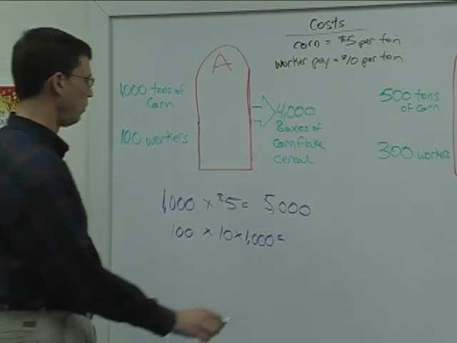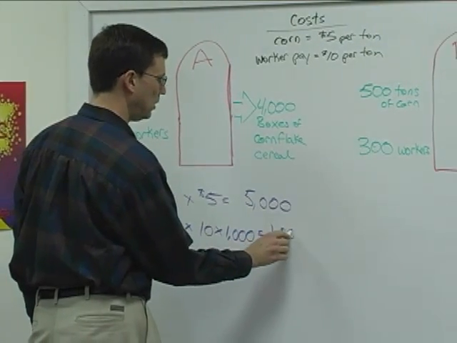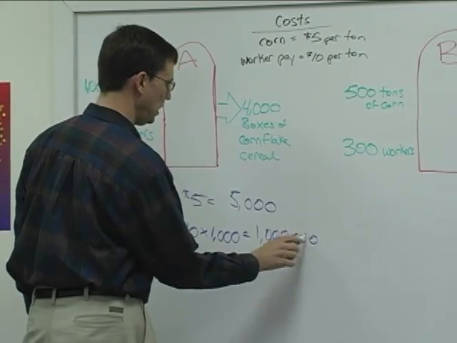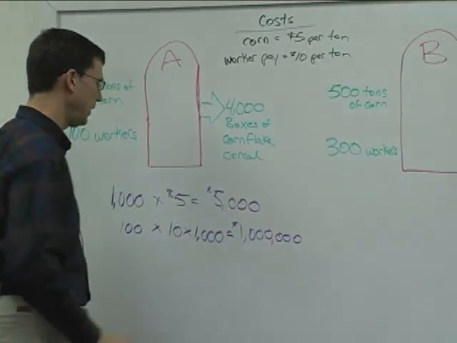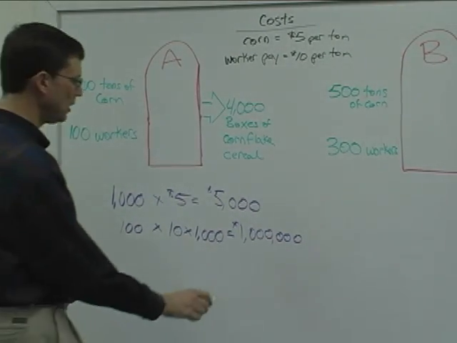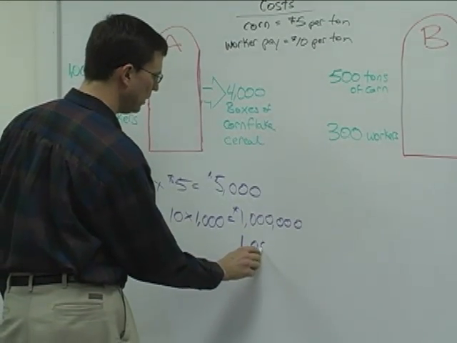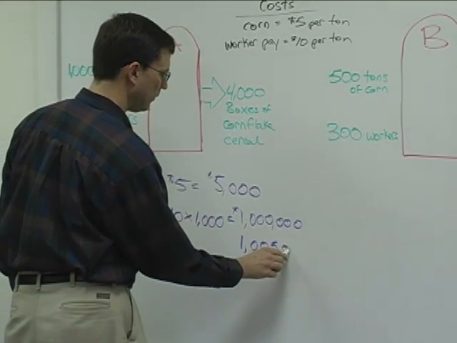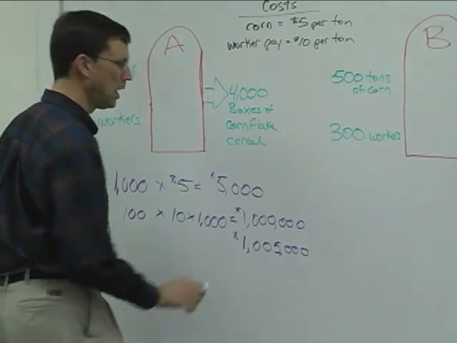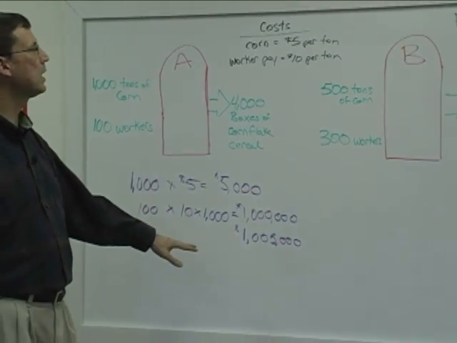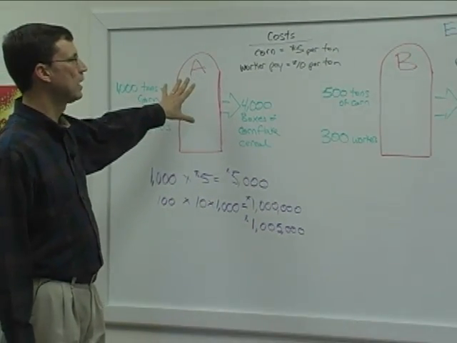So we have $1 million, plus the $5,000 up there, for a grand total of $1,005,000. So that's the economic efficiency of this first factory.